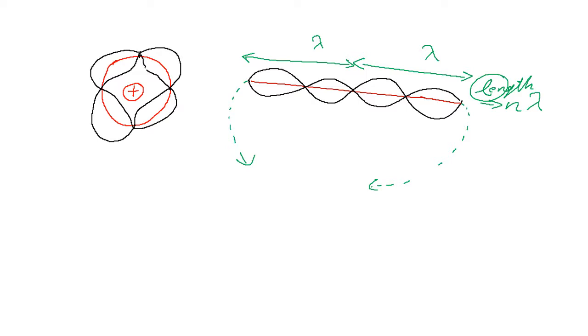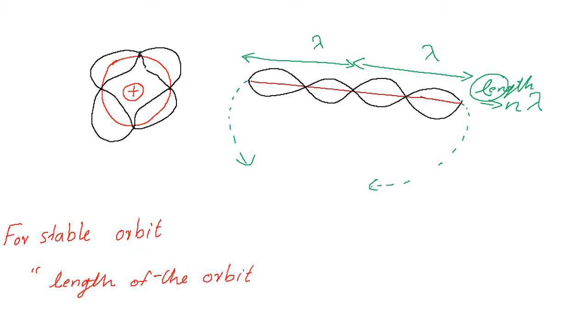So for stable orbit, the condition is this: the orbit length, that means the circumference, the length of the orbit must be equal to n into lambda.